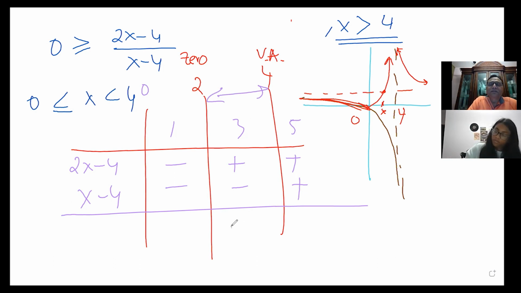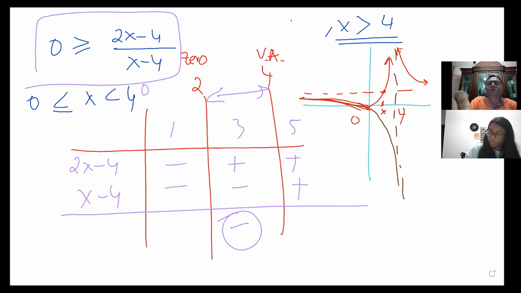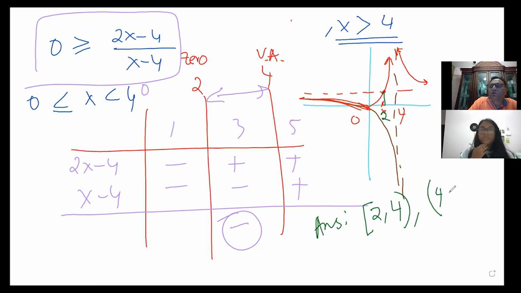Is it okay? So this inequality is true between 2 to 4, and therefore we get our solution. That means this point is 2, right? So our answer is the x value from including 2 but not including 4, and the other one is from 4 to infinitely large value.